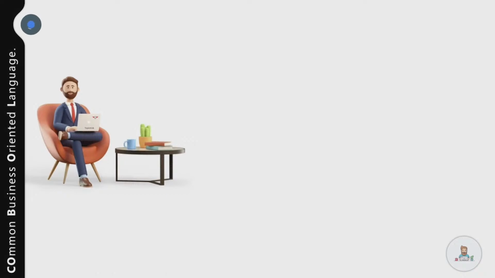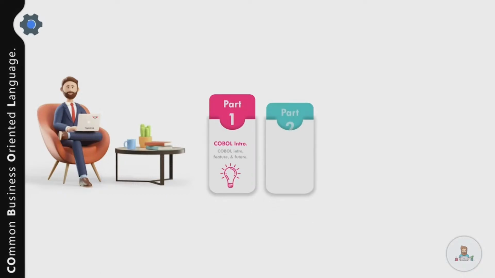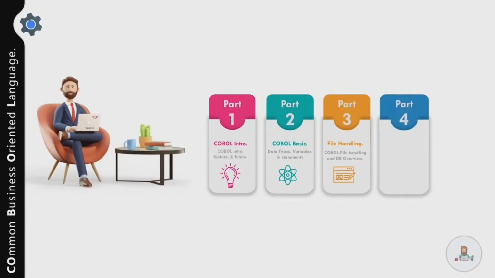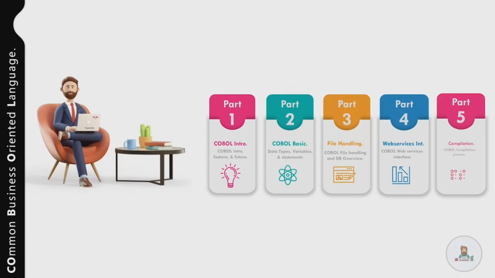This course is divided into different sections, and each section focuses on a specific aspect of COBOL programming. So we start this course with Introduction to COBOL, followed by a brief history of COBOL and what is the future of COBOL. After that, we will deep dive into the overall structure of a COBOL program. That means what are the different divisions and what is the significance of each division. Thereafter, we'll talk about how to define variables and data types in your COBOL program.